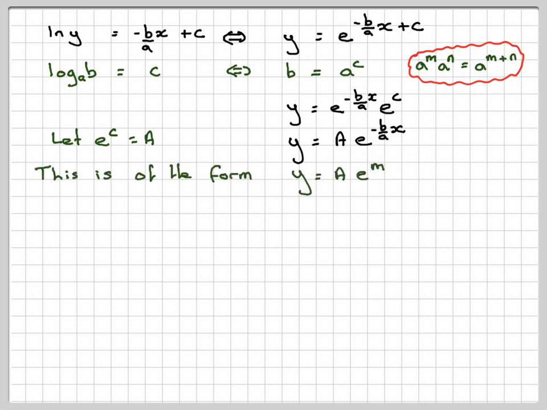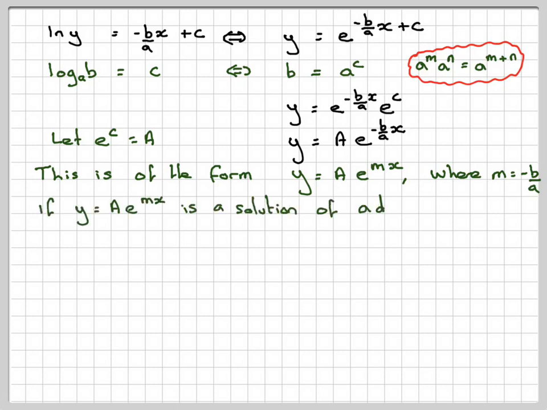This is of the form y is equal to A e to the mx, where in this case m is minus b over a. So if this is a solution of that first order differential equation, then possibly it could be a solution for the second order differential equation a d squared y over dx squared plus b dy by dx plus cy is equal to 0.